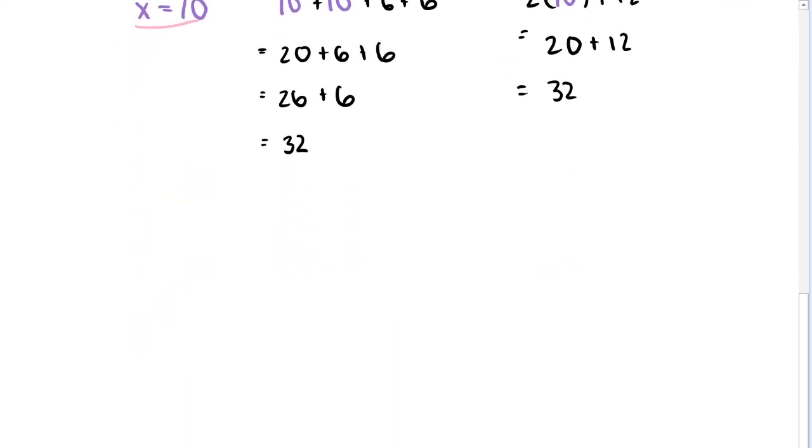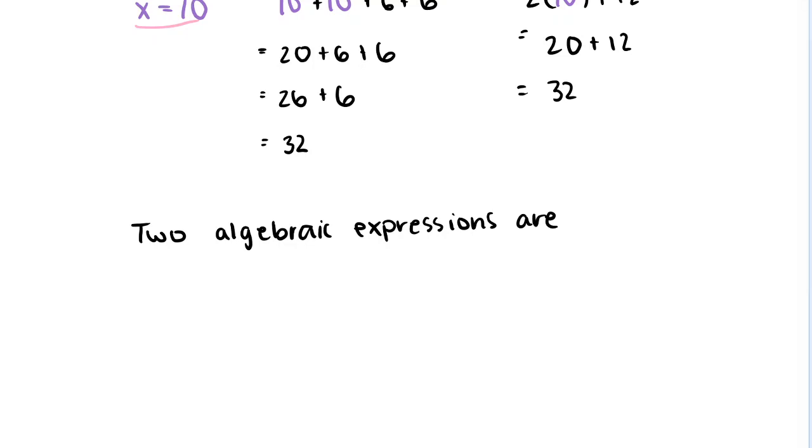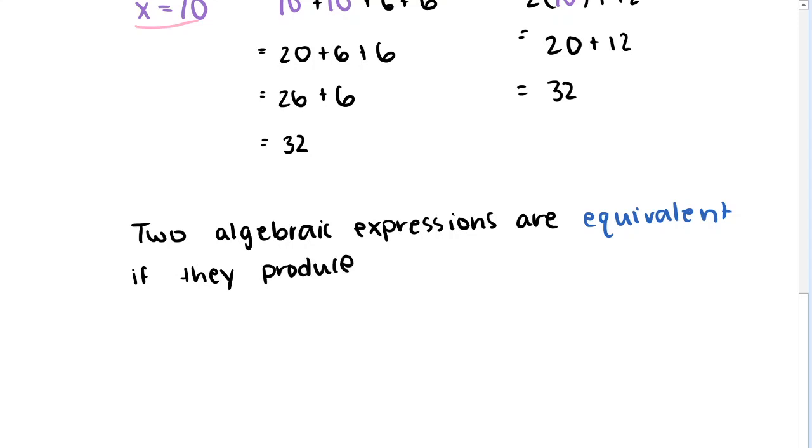So two algebraic expressions are equivalent if they produce the same result as one another.